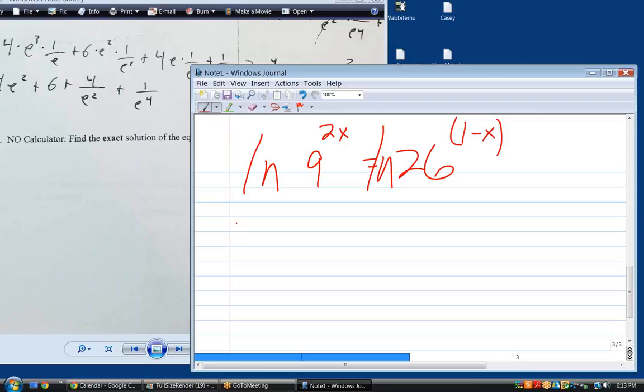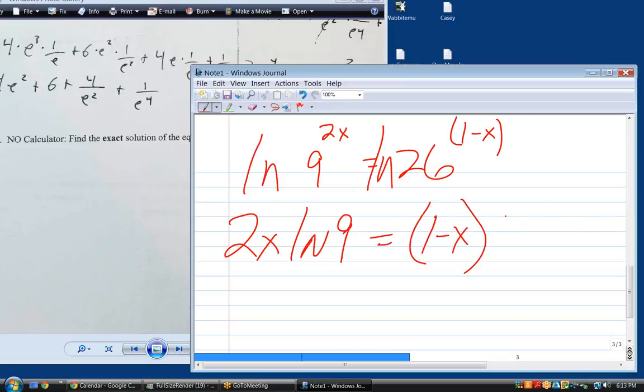But once I've done this, this becomes 2x natural log of 9 equals 1 minus x times natural log of 26. In other words, by taking the log of both sides, I'm able to bring that variable exponent down onto the equation line, getting it out of the exponent. We don't have algebraic ways to solve for exponent variables. But now I can solve it. This is just a number. That's just a number.